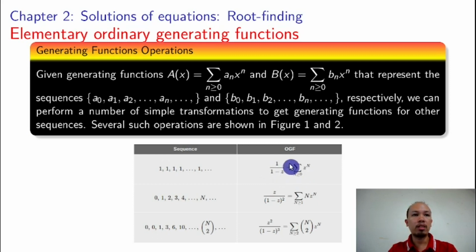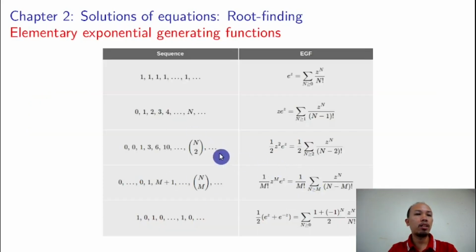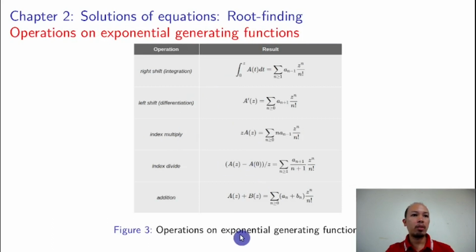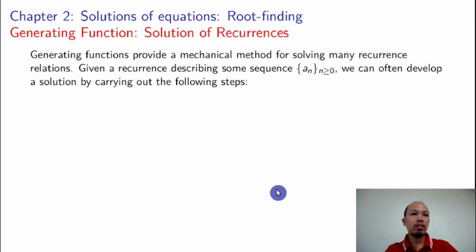So this is for the exponential generating function, and this is for the operations on exponential generating functions. We will use this later. There's also a right shift or left shift for the exponential, just as there is for the ordinary.